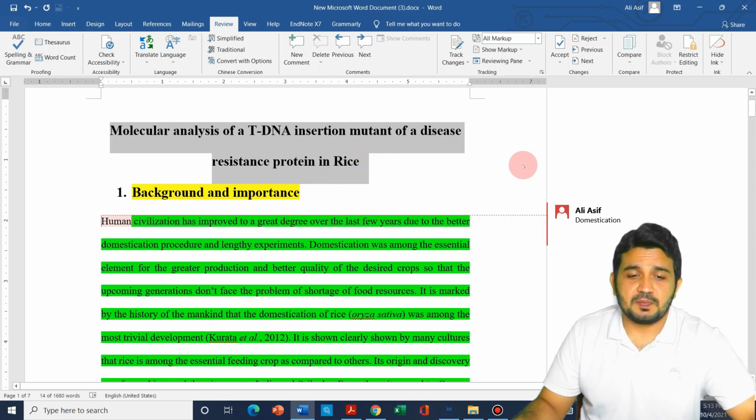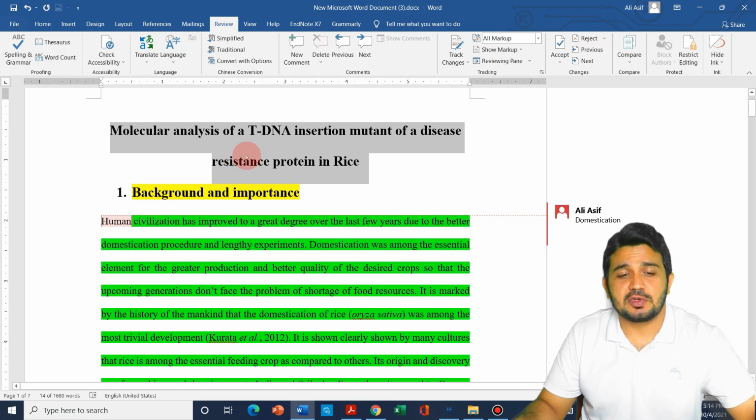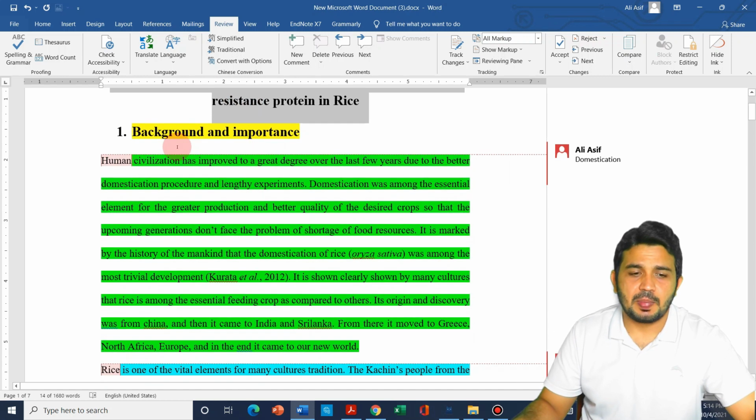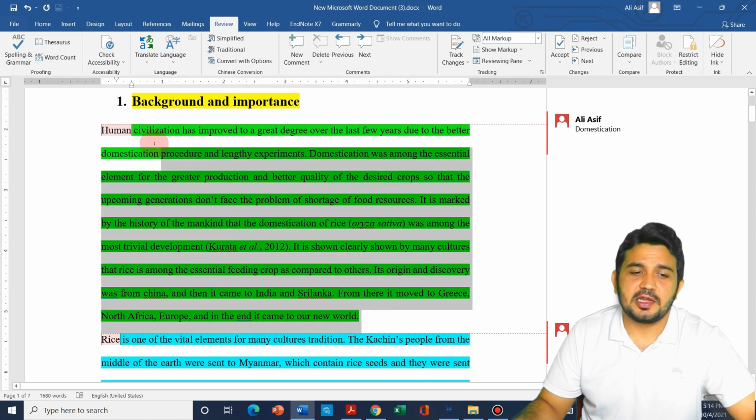So actually there is one protein which is causing resistance in rice. If we cause mutation through tDNA, we have a mutant, and we need to analyze how this mutant has different phenotypes than its wild type. Starting from background to importance, I have highlighted in green here.